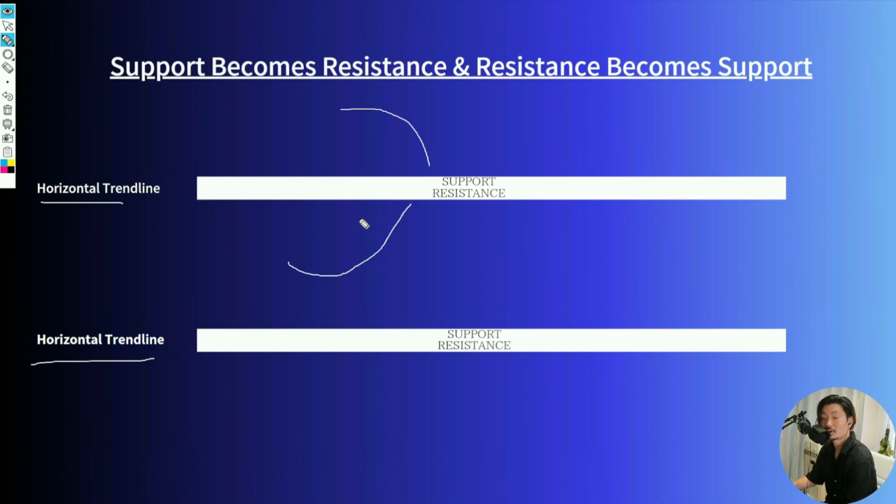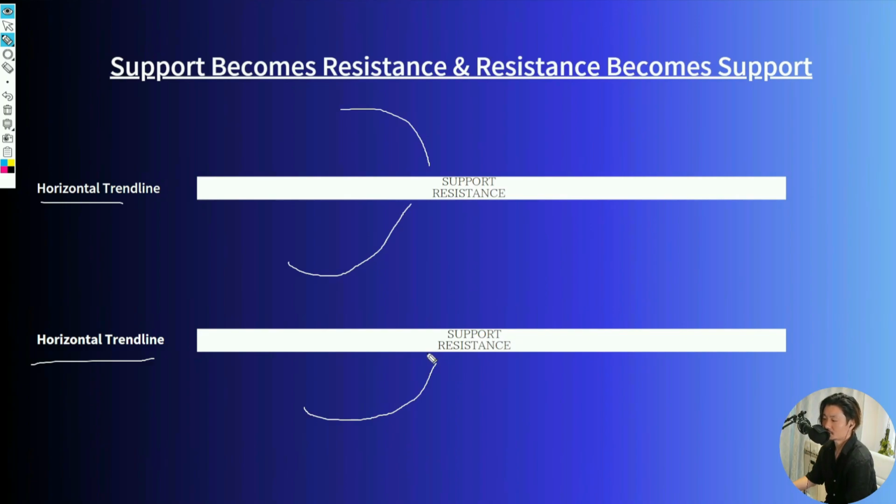Okay, so you want to remember, any given support can become resistance depending on which way price is coming toward that price level. And moreover, any resistance can become support, right? So if price is coming from the bottom to top to this horizontal trend line, we're going to call that resistance.